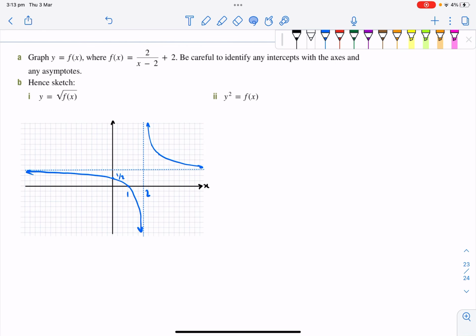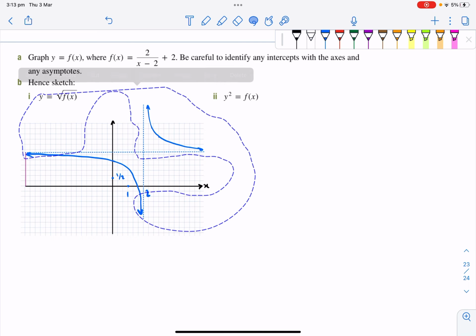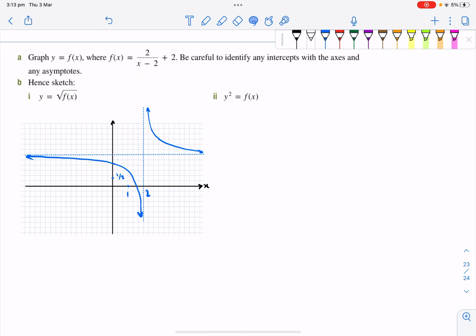All right, what I need to do, I need all of this. Hopefully this works. I just need to shift it up by 2 units, and then I can adjust everything else.